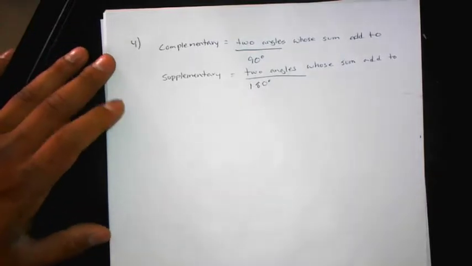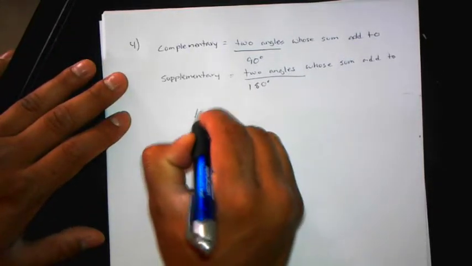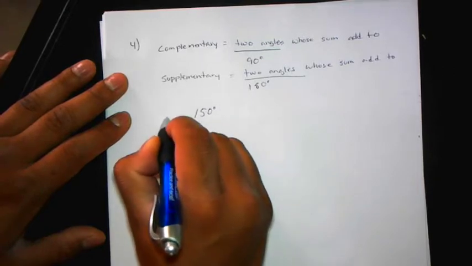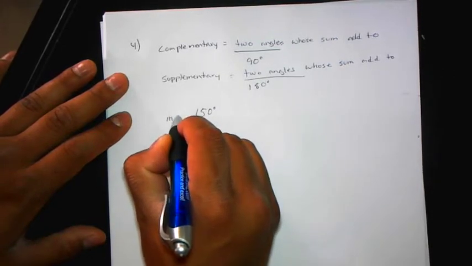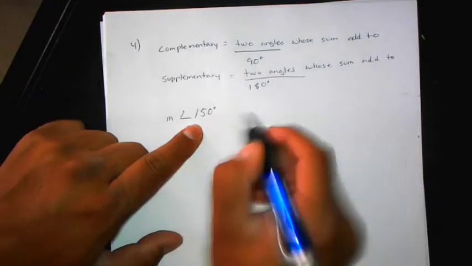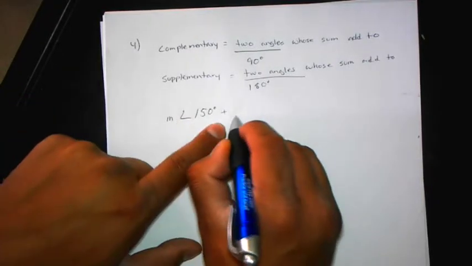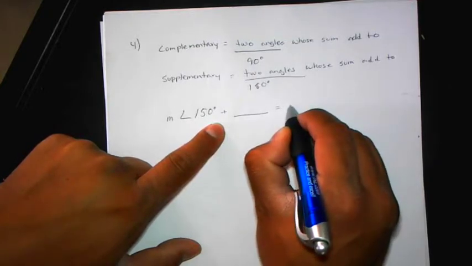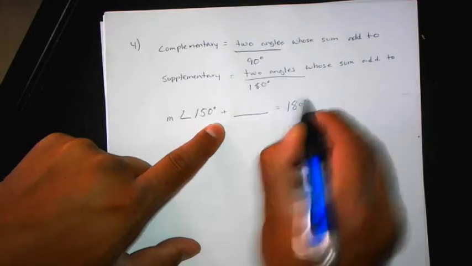Okay, so if the problem gives you 150 degrees for one angle, this is the measure of the angle, 150 degrees plus what other one would give me 180 degrees?